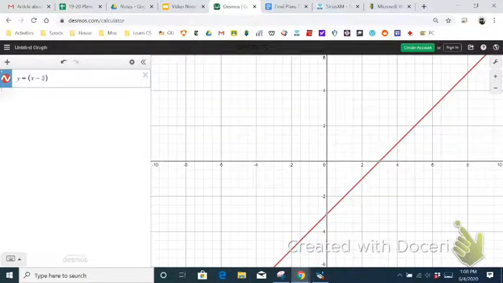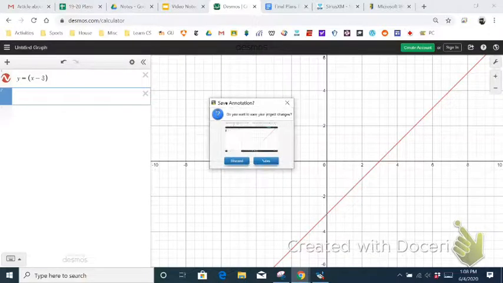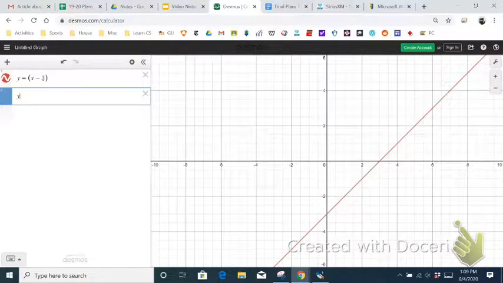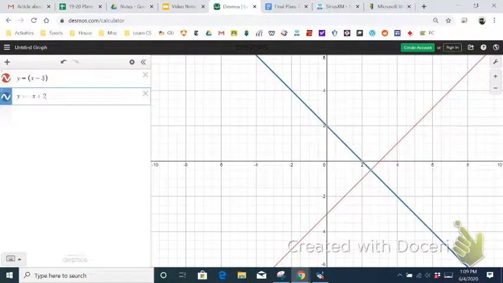Now, let's look at a line with a negative slope, maybe y equals negative x plus 2. That has the opposite end behavior. I won't draw that out again, but as x approaches infinity, y approaches negative infinity, and as x approaches negative infinity, y approaches infinity.